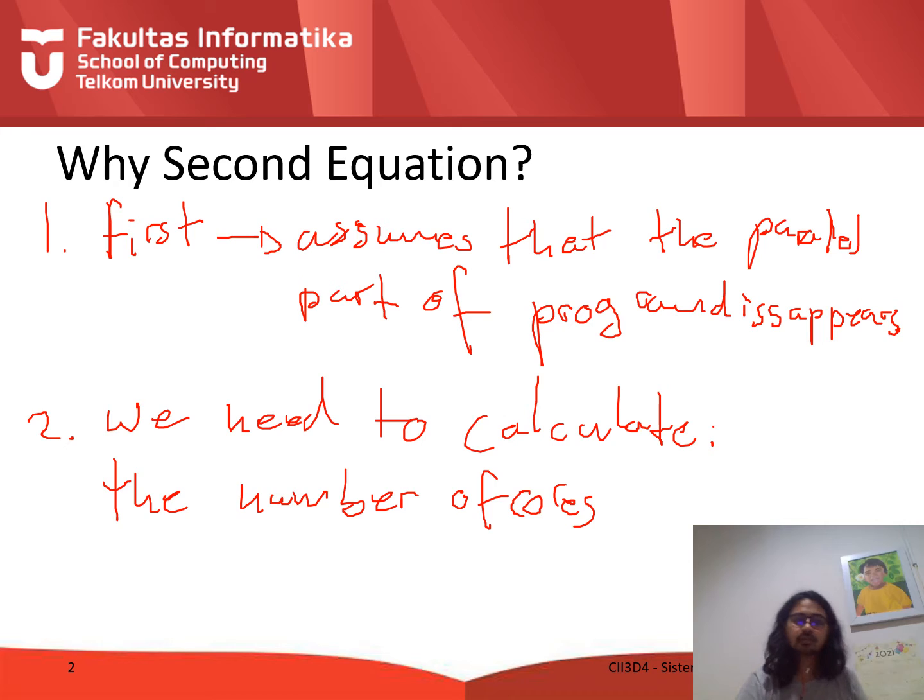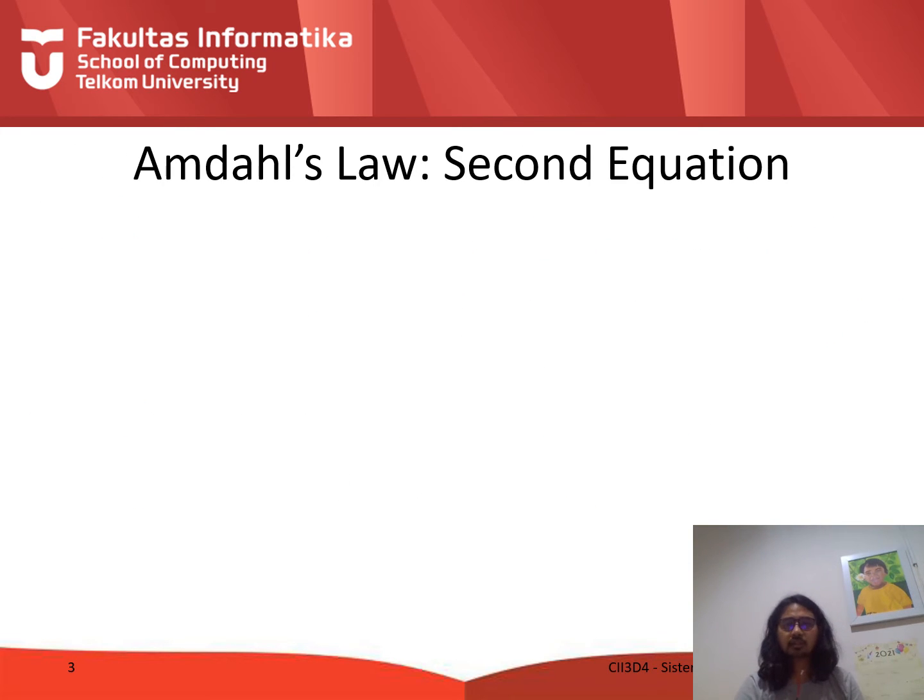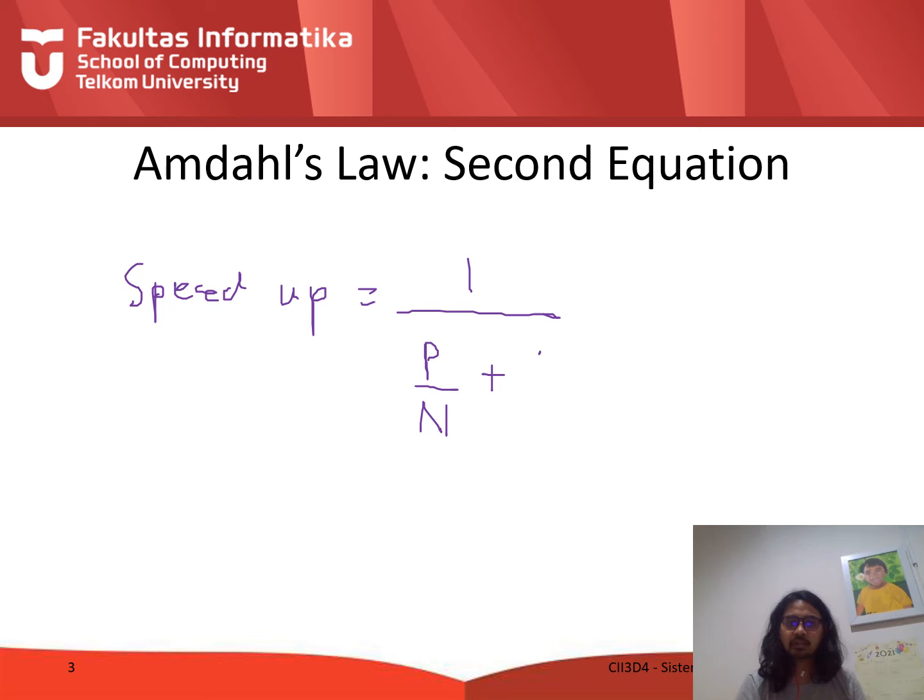And so comes the second equation. The second law is a little bit different. The speed up now is 1 divided by the parallel part, which is still the same, but it is divided by the number of cores, and it is added with the serial part.